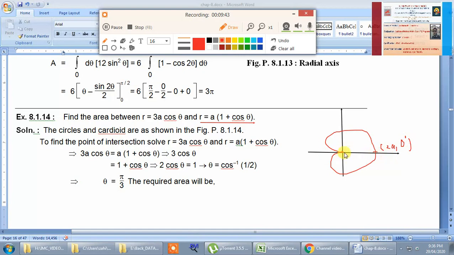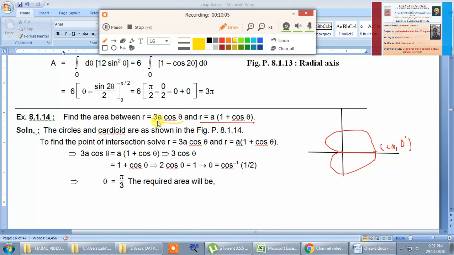What is the meaning of that? This length is 2a. Why am I marking this length 2a? Because I had to adjust accordingly, it will be 3a divided by 2. Now look at the second curve. The second curve is a circle. Why is it a circle? r equal to some constant times cos theta is a circle of radius constant divided by 2.